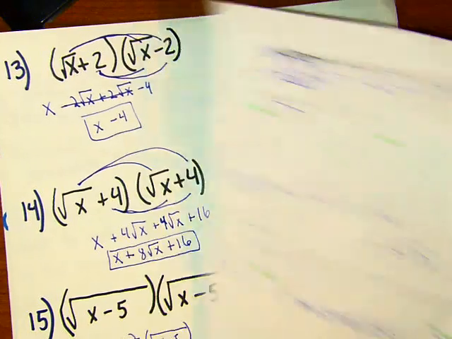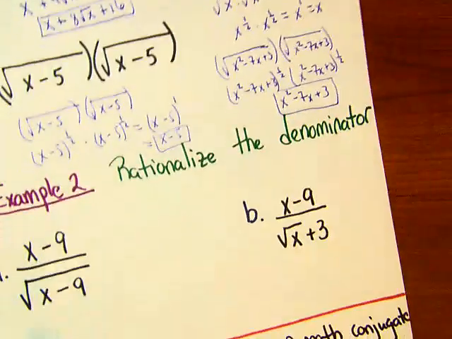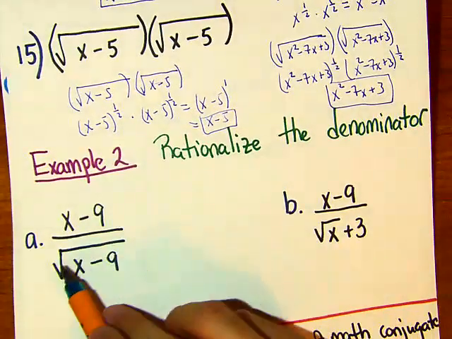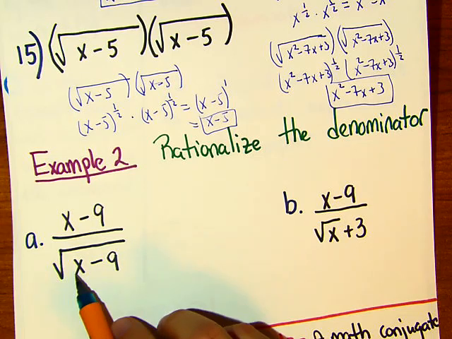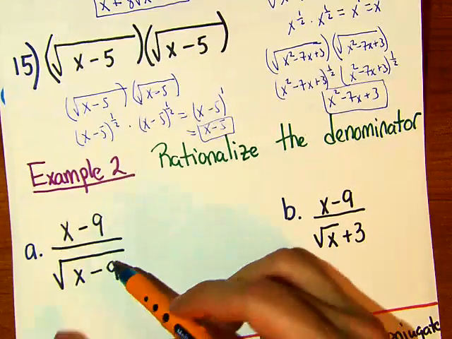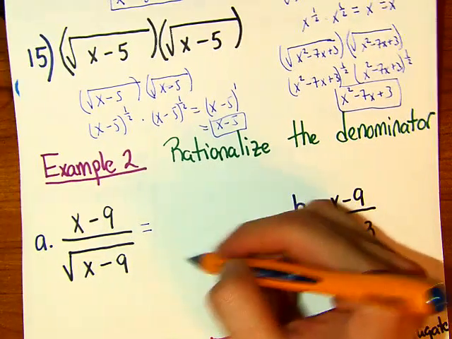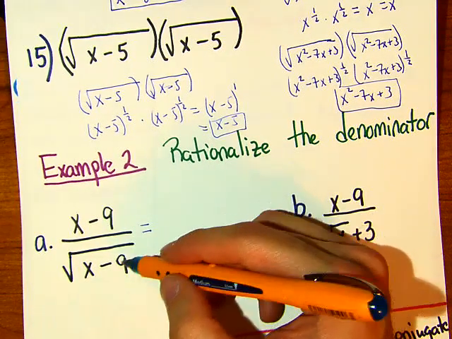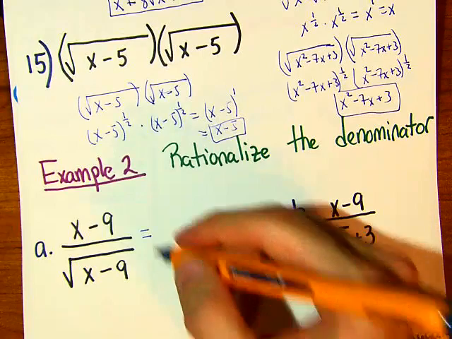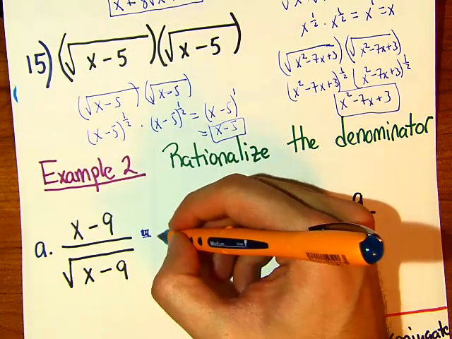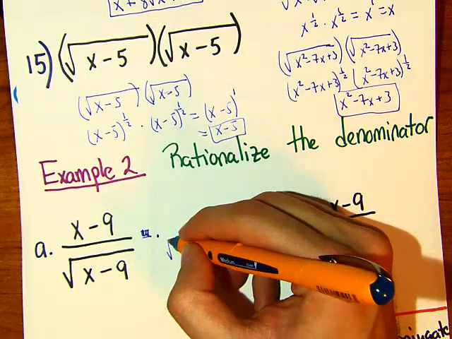Okay, so the game plan is, how can we simplify this? How can we get rid of this square root of x? How can we get rid of this radical? We want to change this to make it equal to something and get rid of this radical. What you're going to do is this little trick of multiplying by 1.